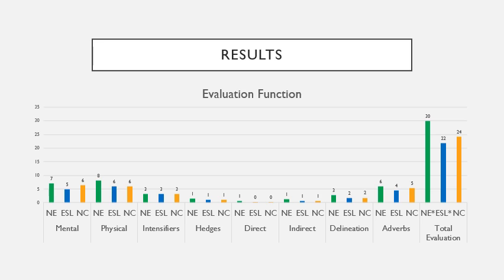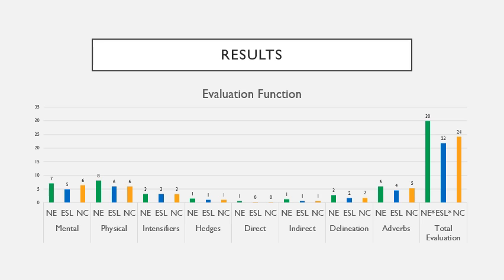The next results comes from evaluation function. Evaluation function refers to the author's ability to include linguistic devices to make their stories more vivid and more accessible to the readers. So as you can see, here are some subcategories.